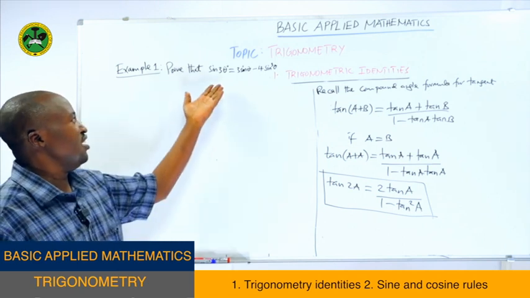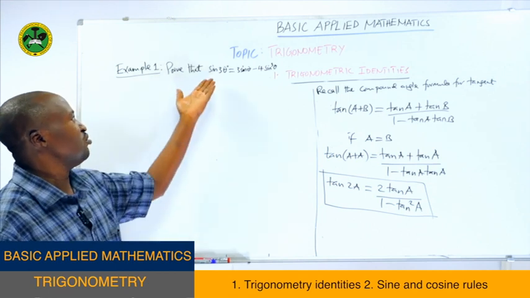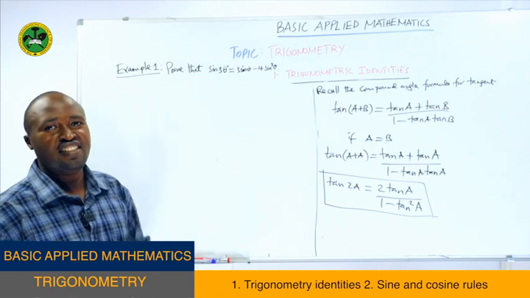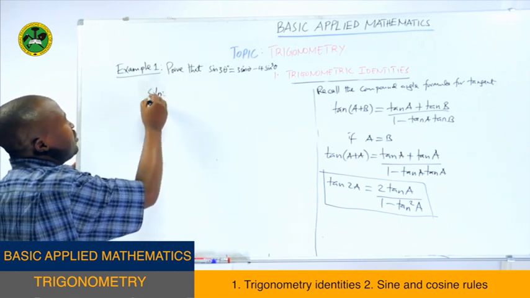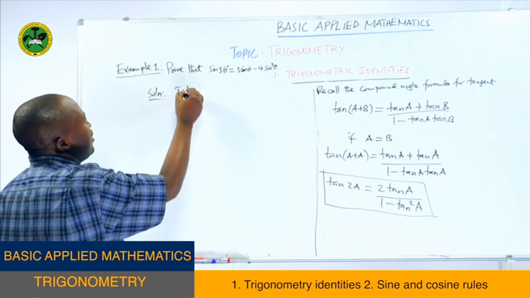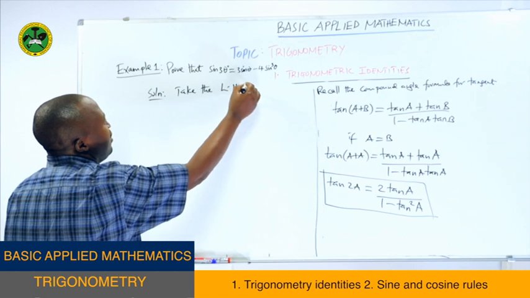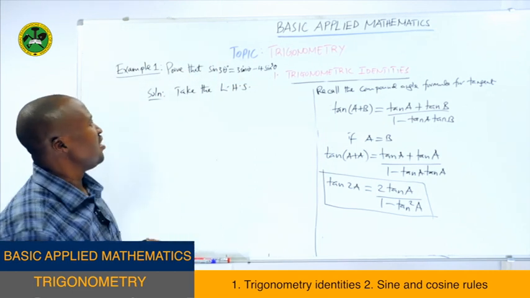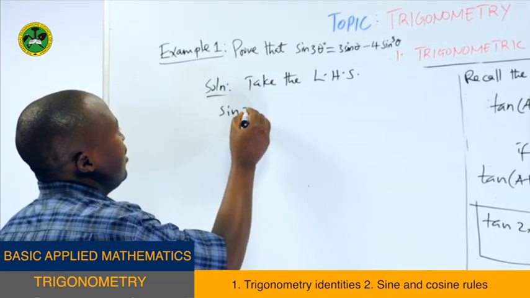So, in this type of equation, we have to choose either to take the left-hand side or the right-hand side. Now, suppose we take the left-hand side. That is sine 3 theta.